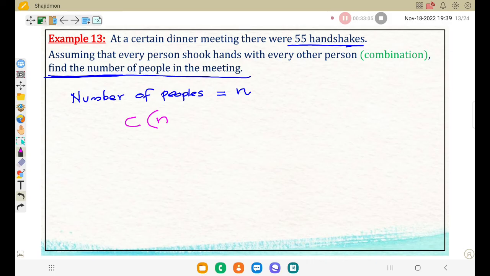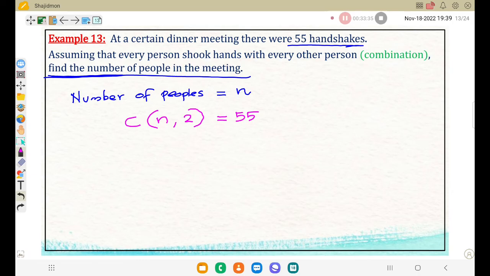Because 2 persons, 1 shake hand, as I told you. The combination of two from n people. How many combinations happened here? We have 55 shake hands. So the number of two-combinations from n people equals 55. I hope you understood.